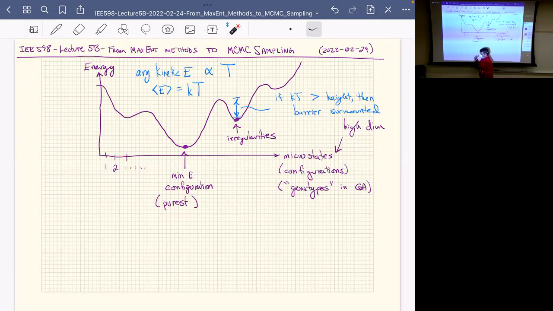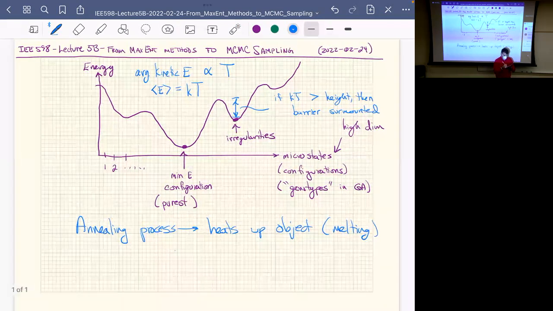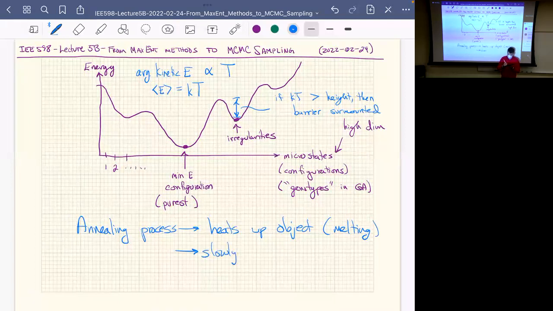In real physical systems, the annealing process heats up the object, you can imagine melting it or taking it up to recrystallization, and then slowly cools it so that it hopefully ends up landing in a lower energy configuration.